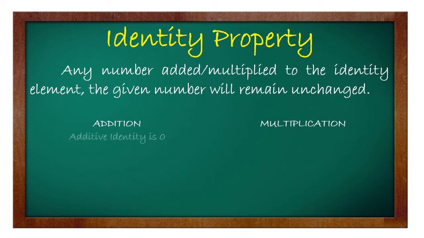So, sa addition natin, yung additive identity is 0. So, any number, pag inadd mo ng 0, ang sagot, yung number na yun pa rin. Sa multiplication naman, multiplicative identity natin is 1. Ibig sabihin, kahit anong number, i-multiply mo kay 1, ang sagot pa rin niya, yung number na yon.